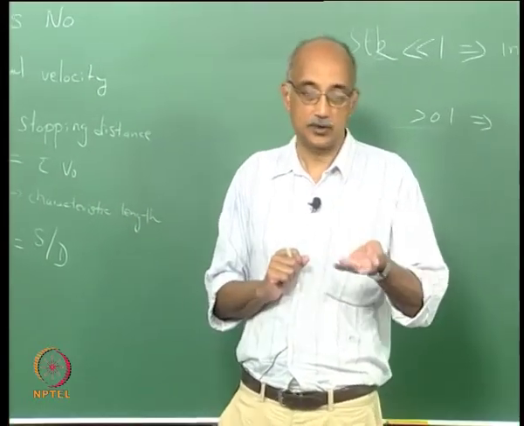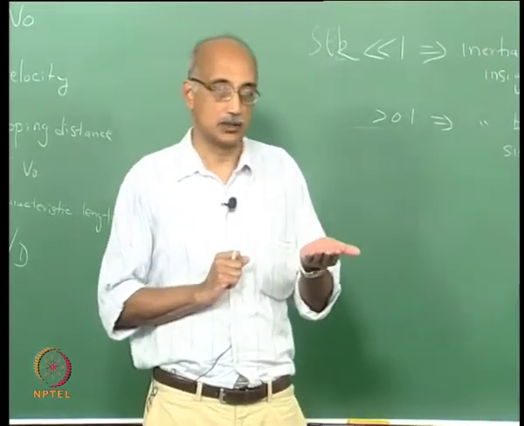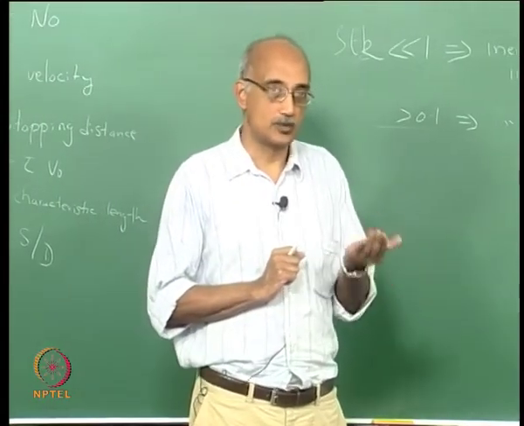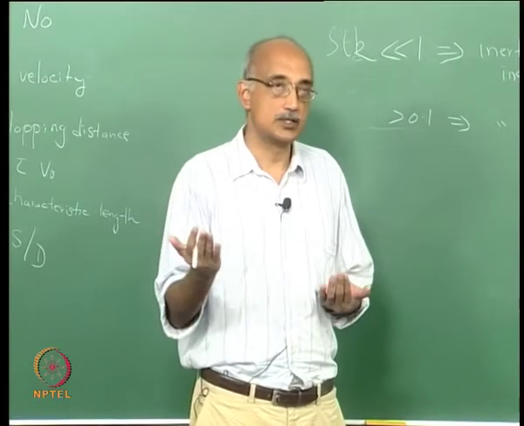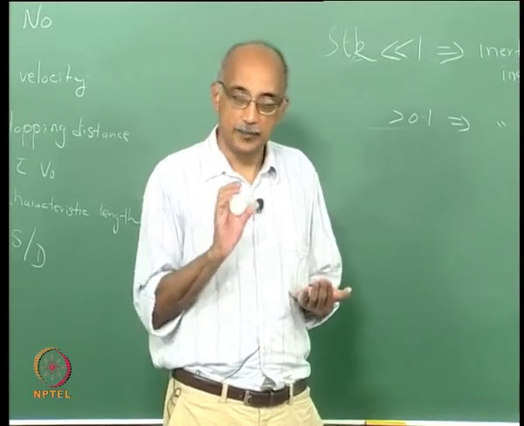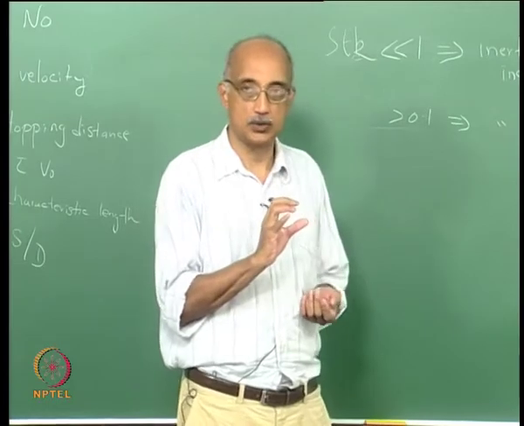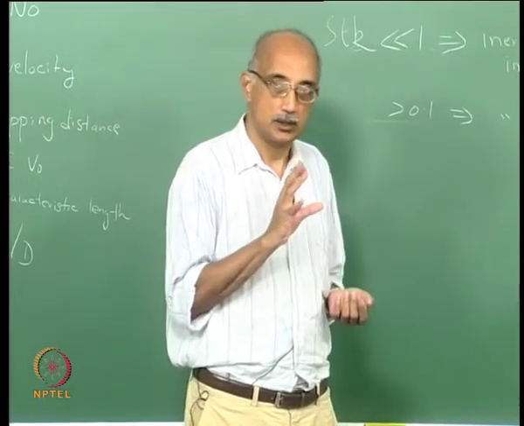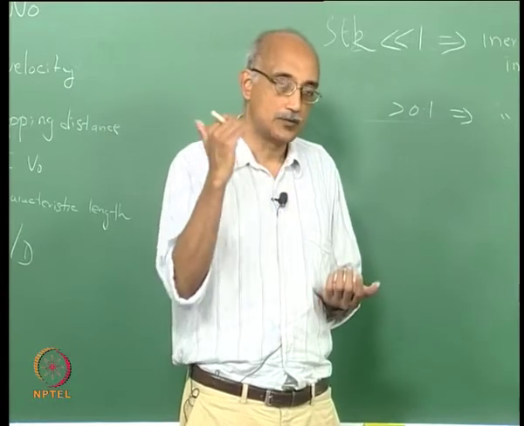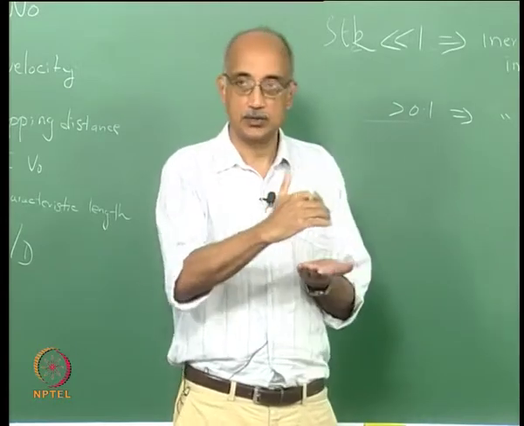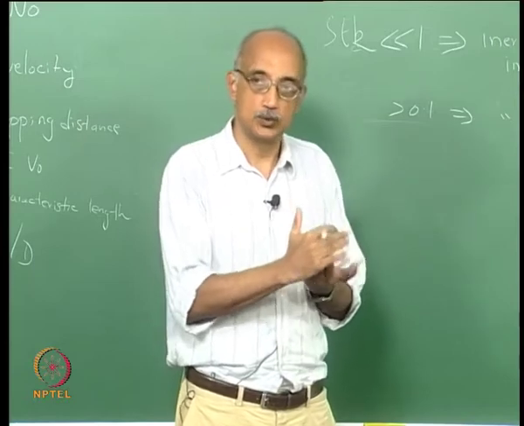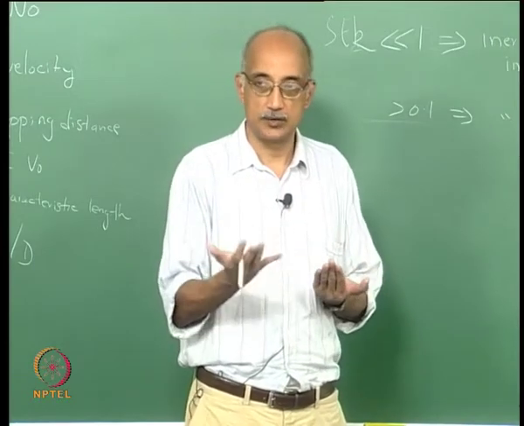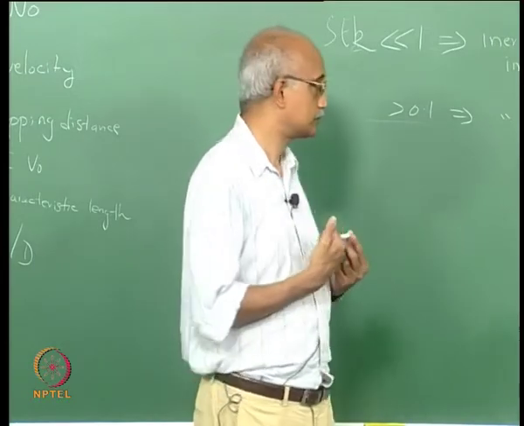However, if the characteristic surface dimension is also much smaller, then your Stokes number can still be high. So, it does not depend on the absolute magnitude of your terminal velocity or your stopping distance. It is a relative measure of how much distance it will take to bring the particle to a stop to a physical dimension of the surface that it is encountering.